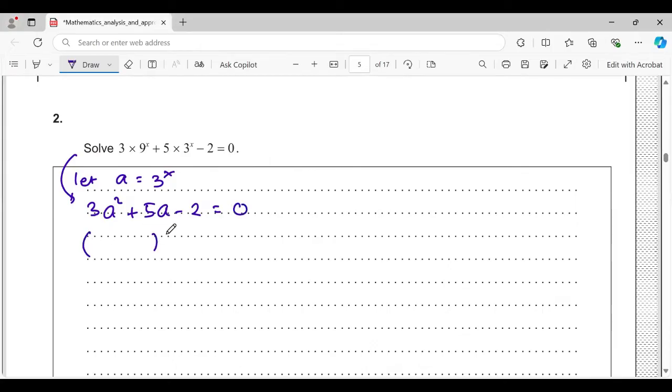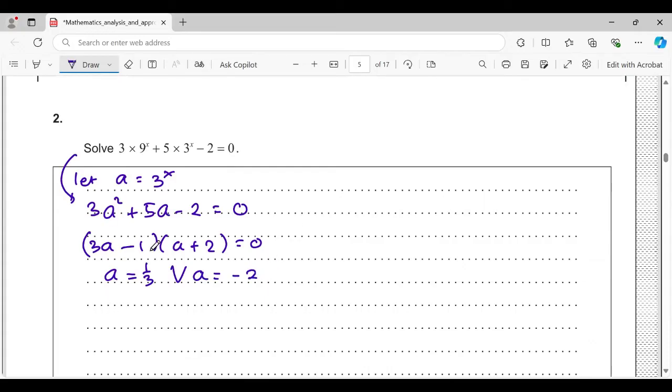And the next step, factorize this equation. 3a times a is minus 1, this is plus 2. So a equals 1 over 3, or a equals minus 2.